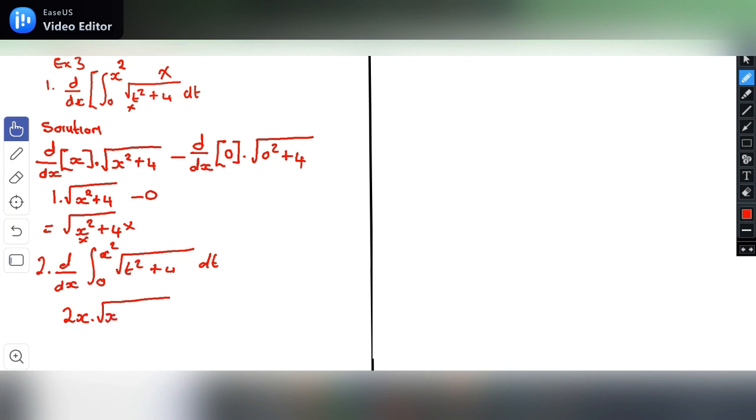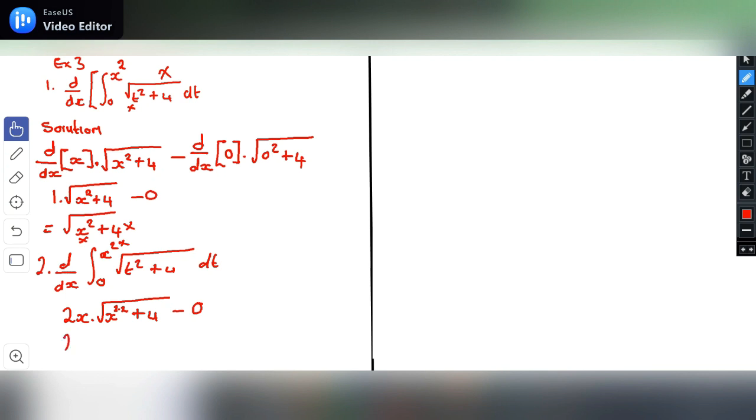It's going to be x squared squared, because there is a 2 here, plus 4, right? Remember, we're still dealing with the second point. Therefore, now we're going to say minus the derivative of 0, which is 0, so there won't be any function here. We just write 0.